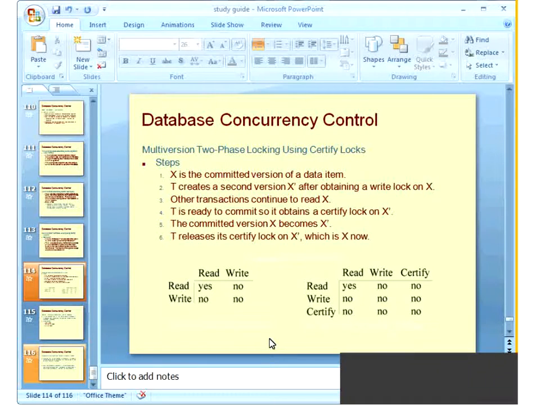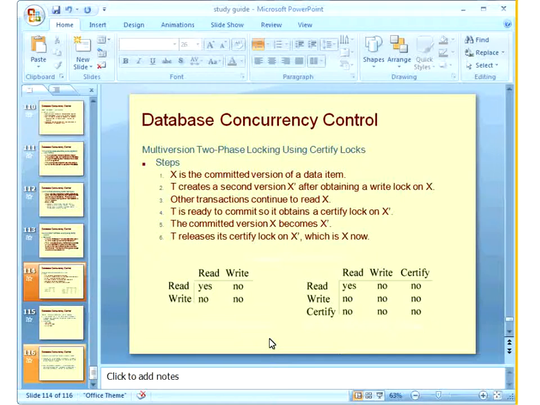Transaction T creates a second version X' after obtaining the write lock on X. Other transactions continue to read X. So X' is the version which transaction T has obtained.